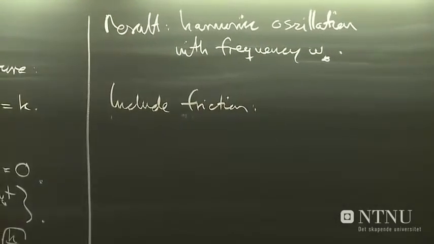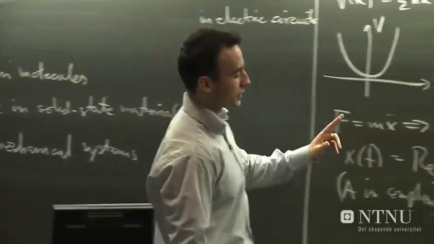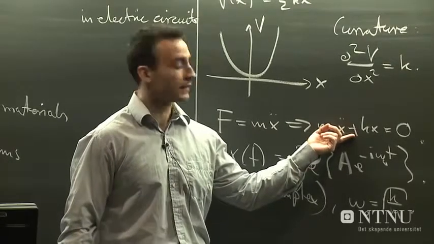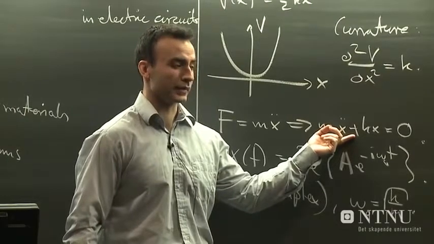We can extend this very simple model to include friction if we like, and we do this by incorporating a term in the equation of motion which is proportional to velocity, or x differentiated with respect to time.